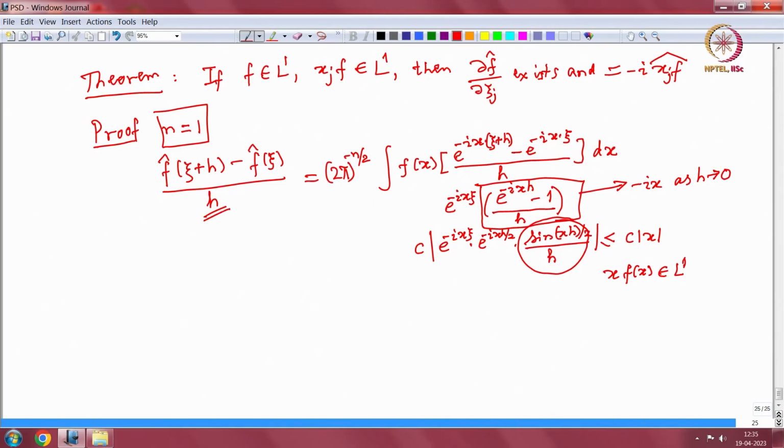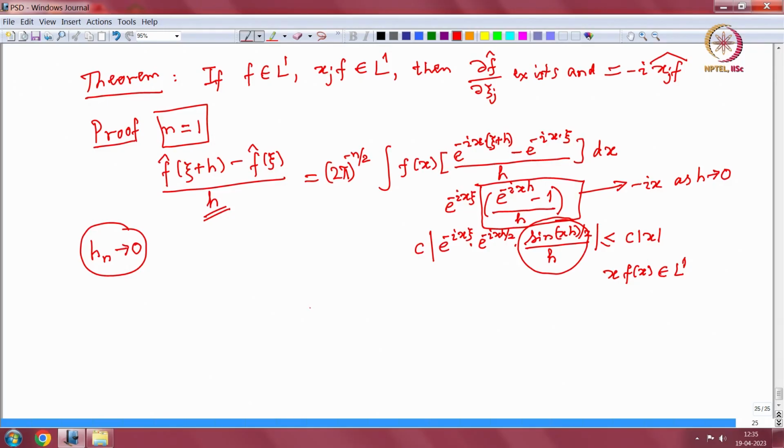The same argument we can do by taking any sequence tending to 0, and since the limit is independent of the particular sequence, applying the dominated convergence theorem certainly makes sense. So, this integrand tends to minus i x f x e to the minus i x j, and it is bounded by an L1 function.